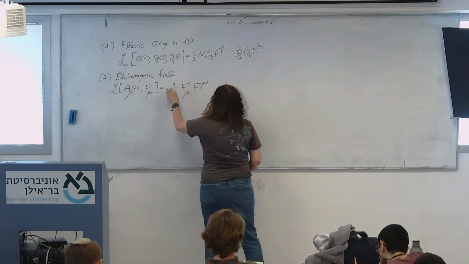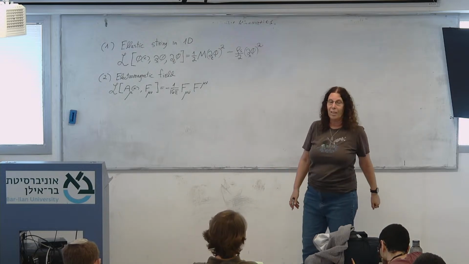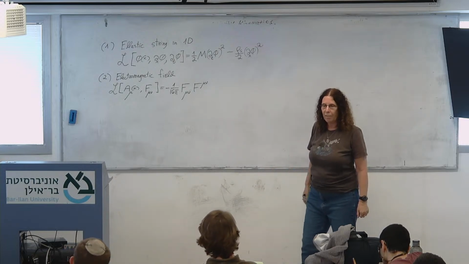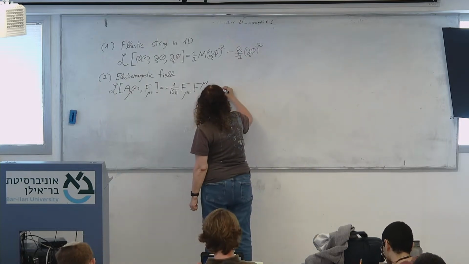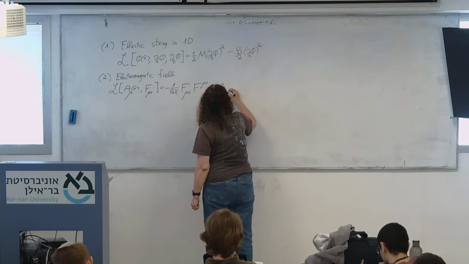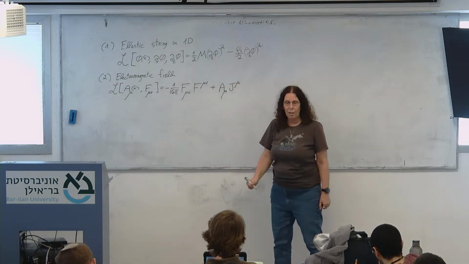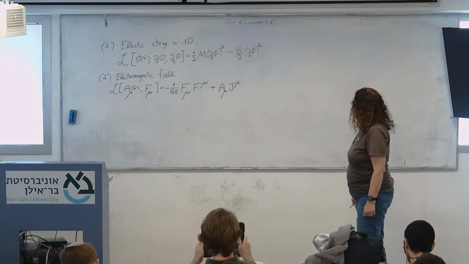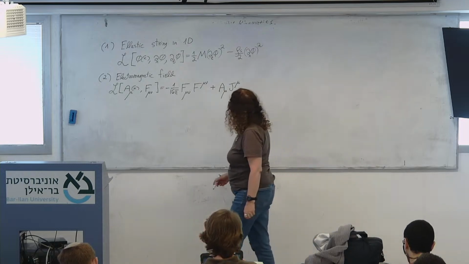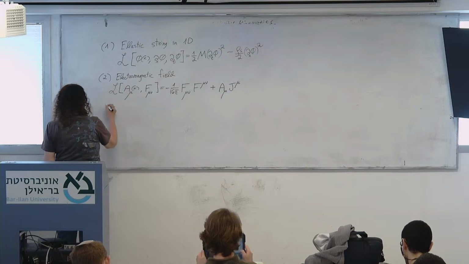And this is the coefficient that we called C1 last week, but Sarah will show you how to get the number. And plus, there is another term that describes coupling to the matter field, the current and the charge density.